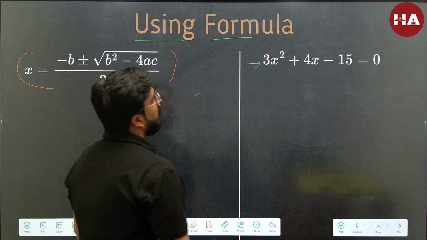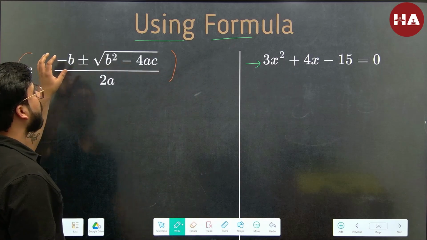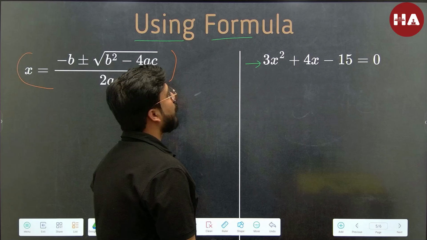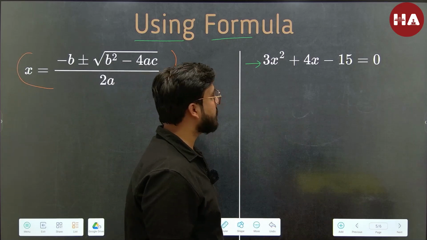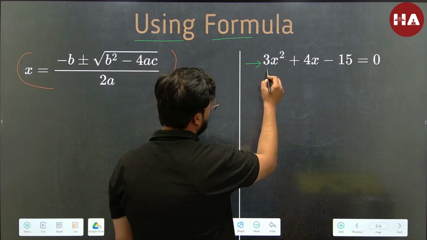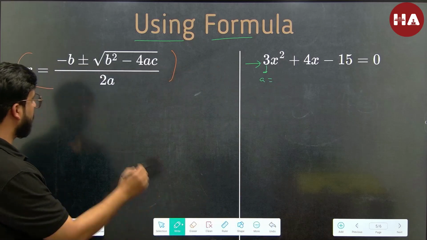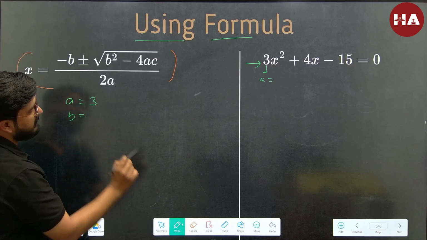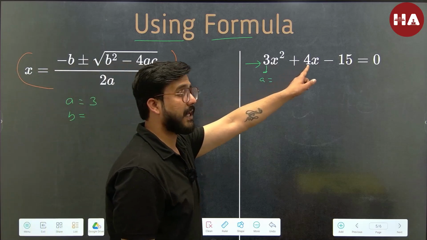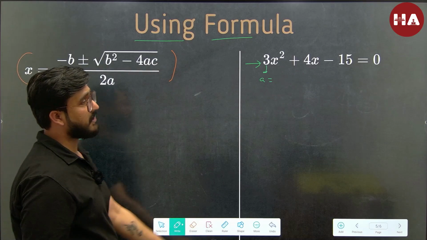Okay, now this is the equation that is given. What you have to do is just pick the coefficients with the sign. You have to make sure that the negative is picked with the negative. The value of a is coming to be 3, the value of b is plus 4, and the value of c is negative.